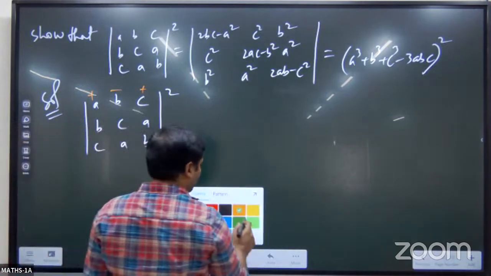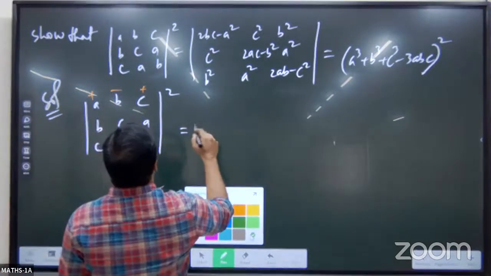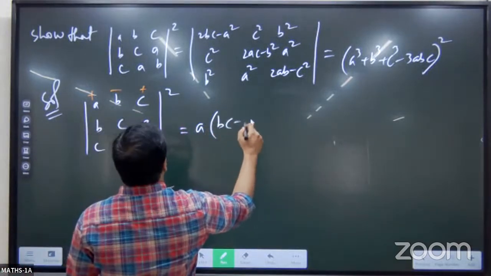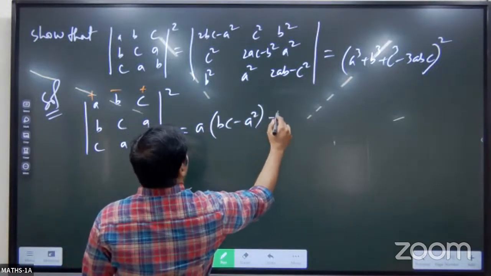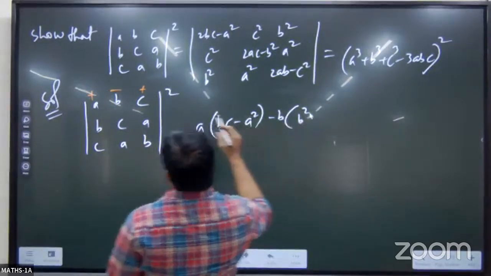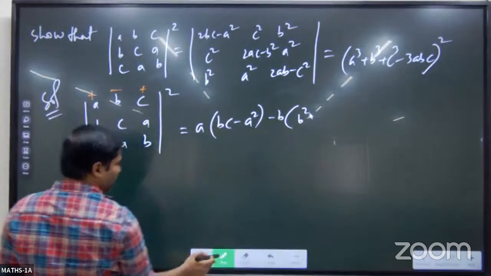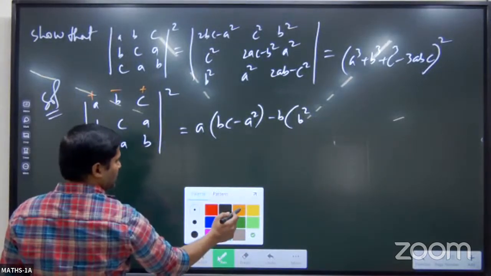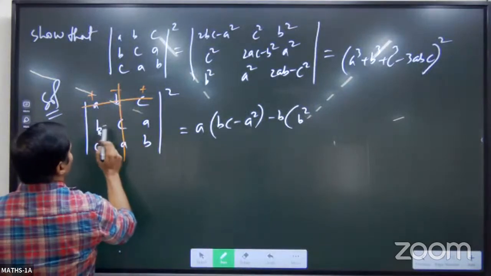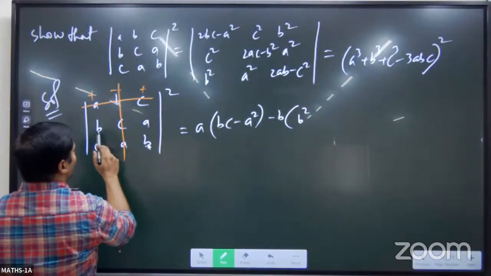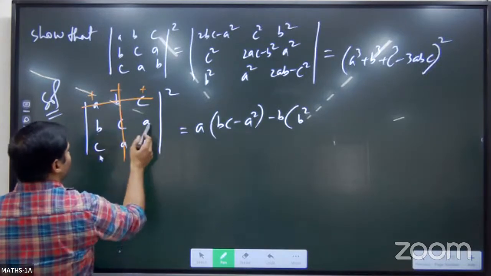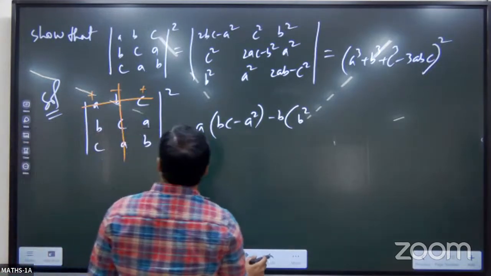So that is nothing but plus A into, leave the row and column it is present, BC minus A square, minus B into, leave the row and column it is present, B square minus AC, always in the form AD minus BC. Okay. Right.